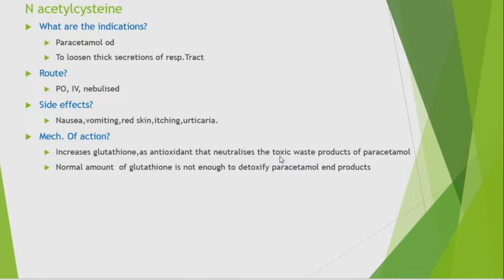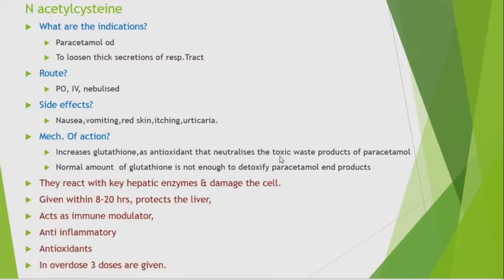But when you take large amounts of paracetamol, the glutathione already existing physiologically is not enough to detoxify the paracetamol end products. So you are giving extra to boost this action. These toxic waste products react with the hepatic enzymes and damage the cell. So by glutathione you are trying to reverse that process.